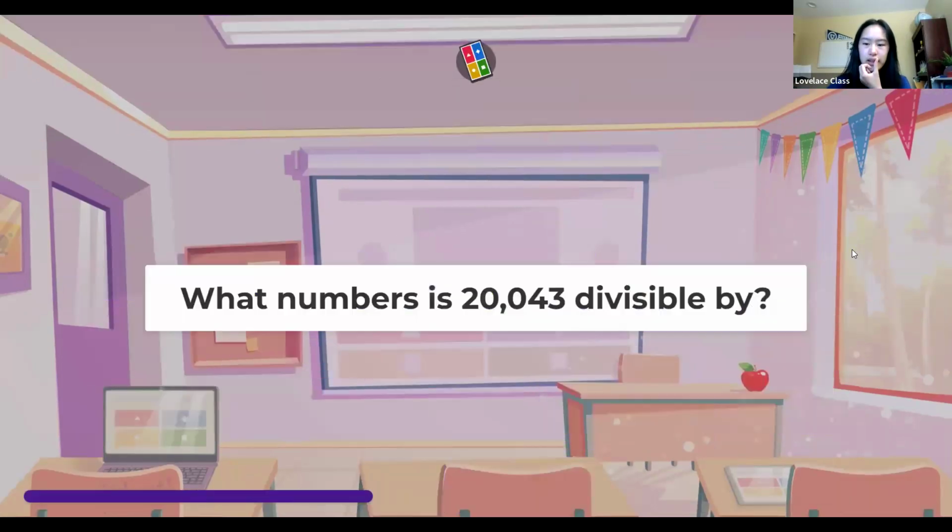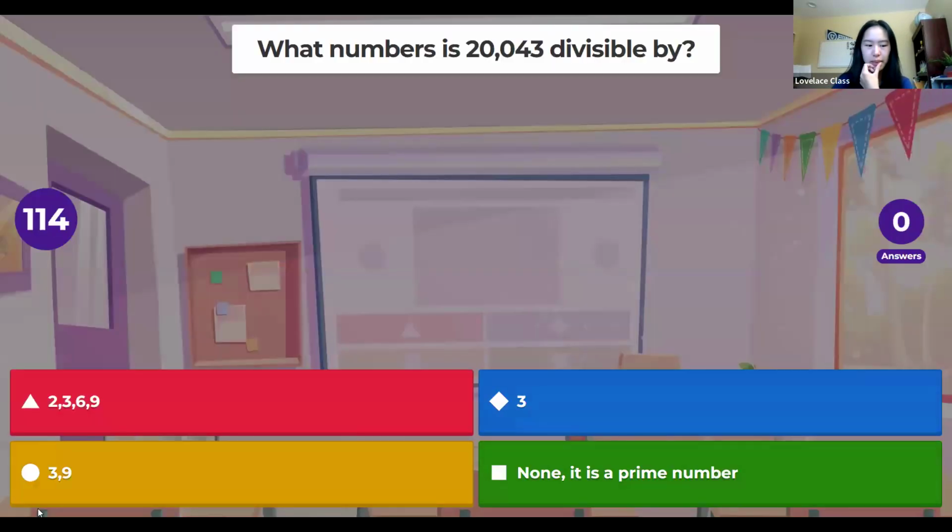And then feel free to answer as quickly as possible. It gives you a lot of time, but for time's sake, I might just move a little bit quicker. So yeah, pick your answer choice. These are both for divisibility rules and GCD, LCM stuff.